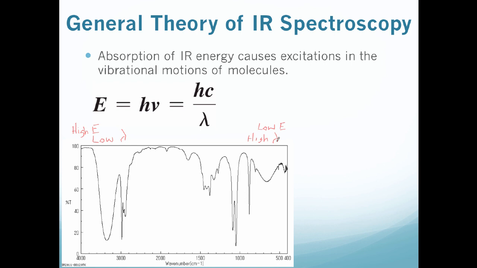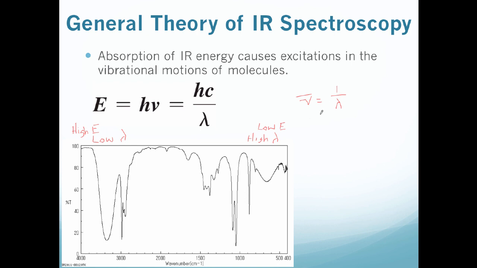Now when a molecule absorbs IR energy, it's causing an excitation in its vibrational motions. And on the spectrum, we can see that the units are actually reported in wave numbers, which is inverse centimeters. And we have an equation for this. So the wave number is just 1 divided by the wavelength.